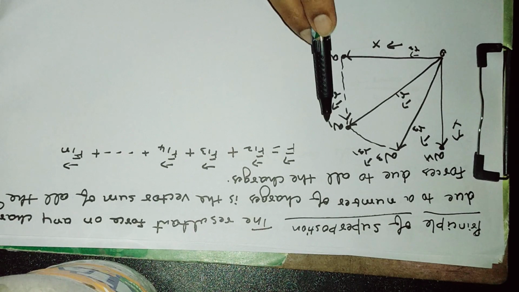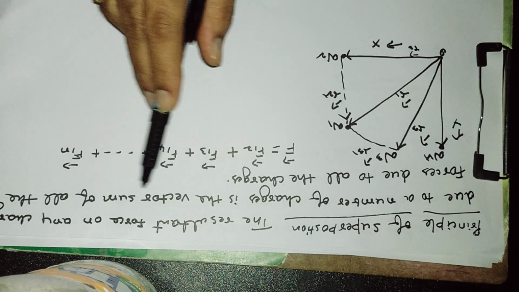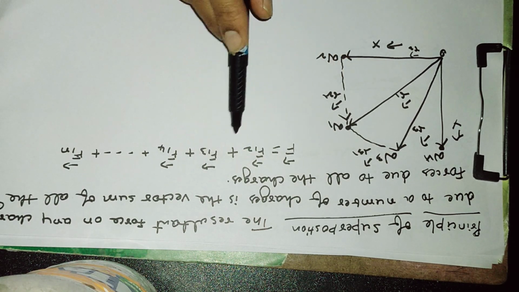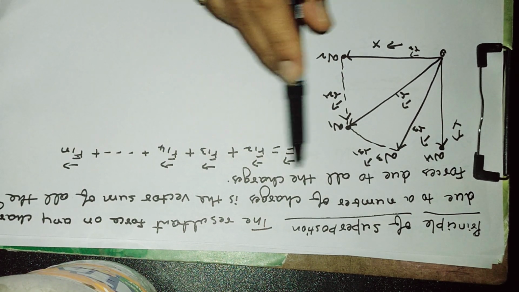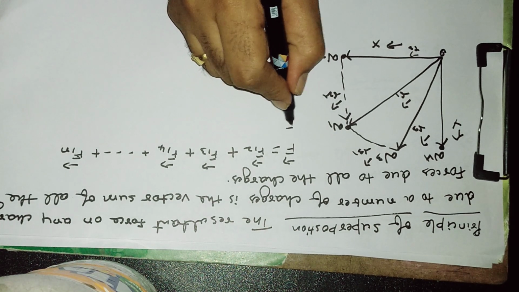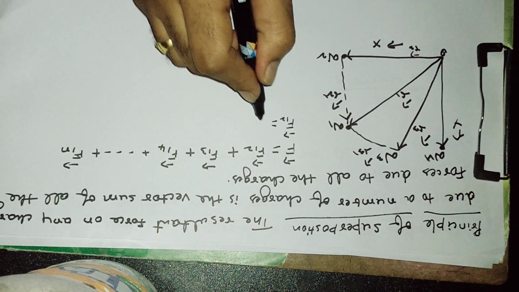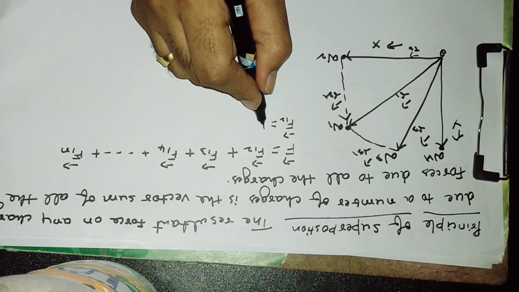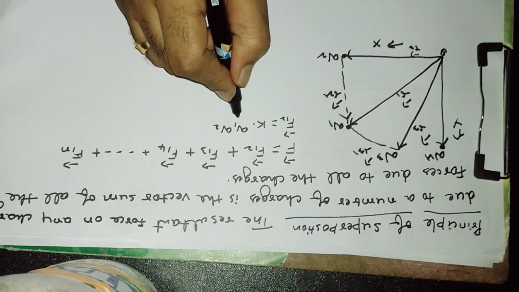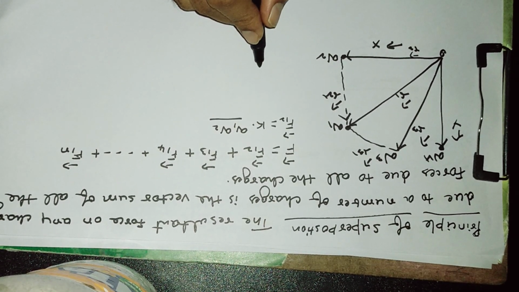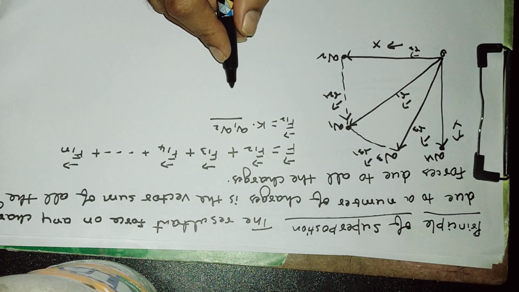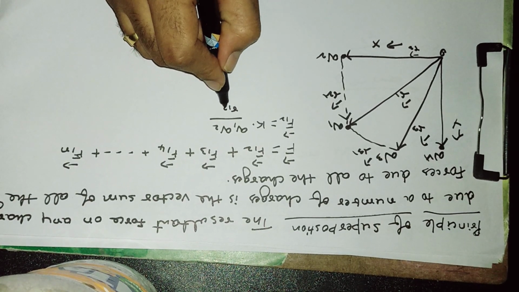This is what the principle of superposition says. The resultant force F on any charge due to a number of charges is the vector sum of all the forces due to all the charges. So if I think of F12, I will have to write it as K into q1 q2 divided by r21 square.